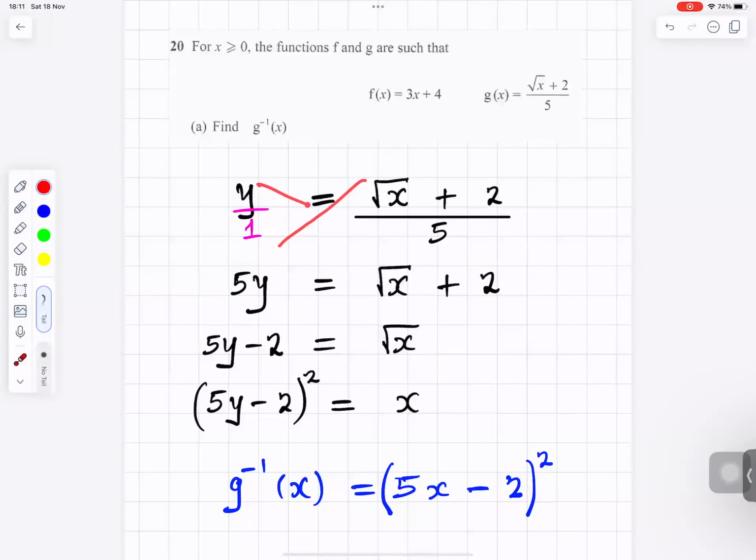So you cross multiply. 5 times y equals 1 times that expression. So you go 5y equals root x plus 2. You want to make x the subject. So you take plus 2 to the left, becomes minus 2. So opposite of square root is squared. So it's 5y minus 2 squared equals x. And this x now, you can call it your g inverse of x. It's 5x minus 2 all squared.